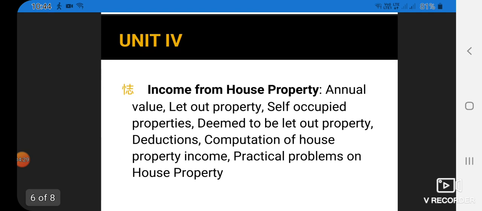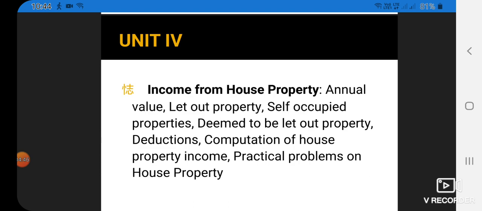Coming to fourth unit, it is income from house property. Income from house property is also a practical oriented unit. That means we are going to solve problems under this unit.